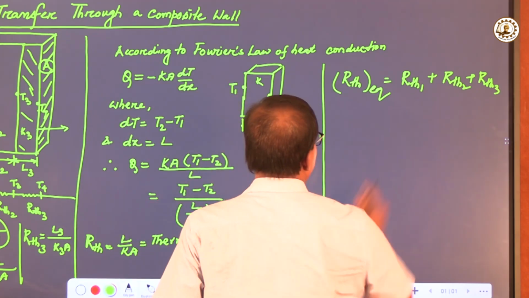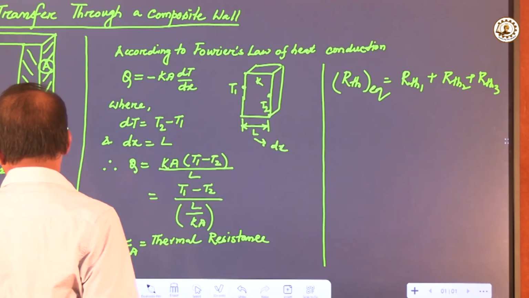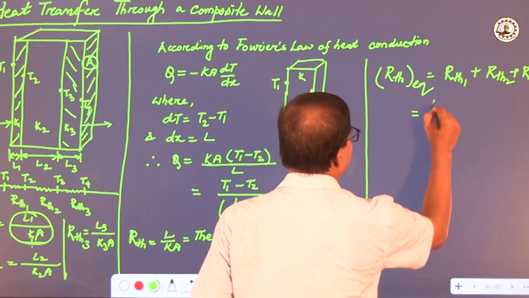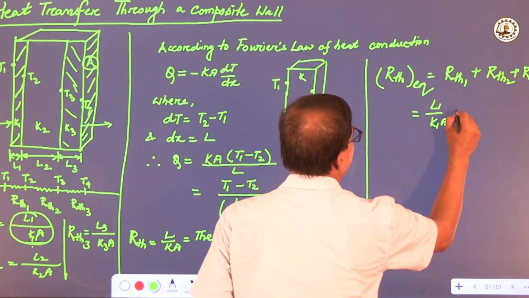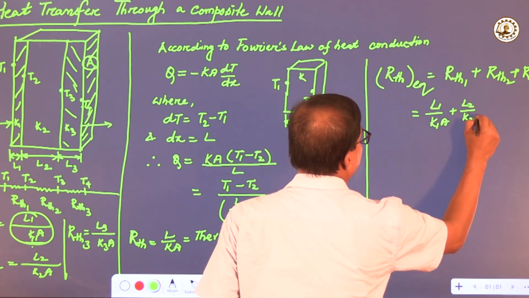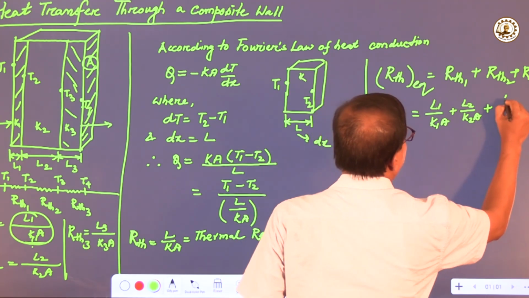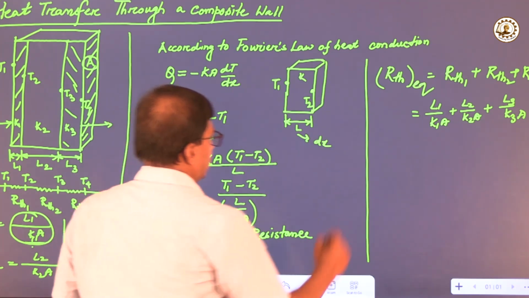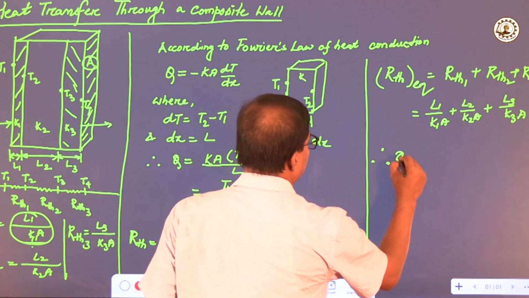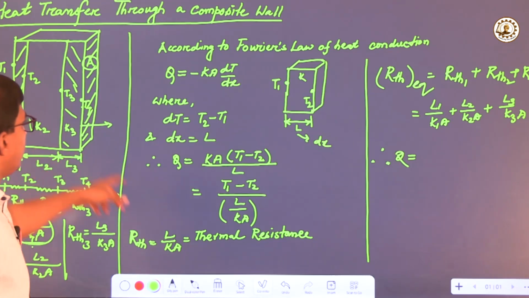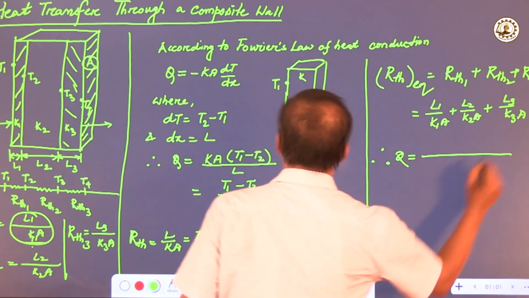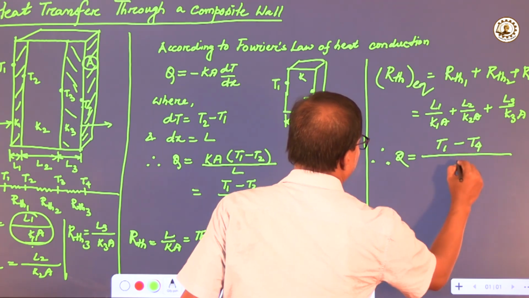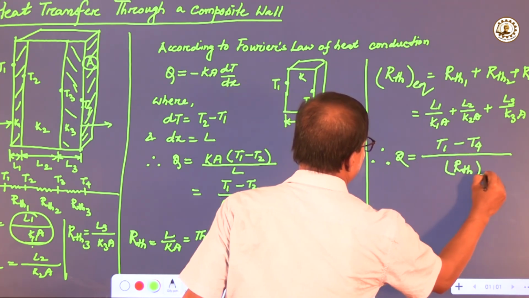Now we can replace R thermal resistance 1, 2 and 3 by L1 by K1 A, L2 by K2 A, and L3 by K3 A. So finally we will get this equation: L1 by K1 A plus L2 by K2 A plus L3 by K3 A. So finally we can write the rate of heat transfer through this wall, that will be the temperature difference between inner and outer surface, that is T1 minus T4, divided by R thermal resistance.